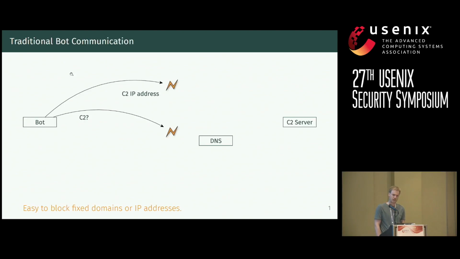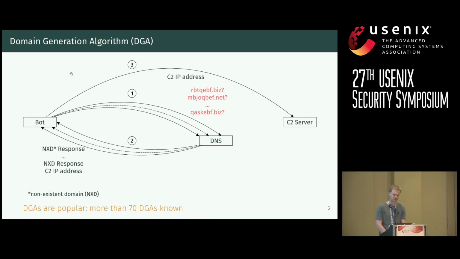That's the reason why modern botnets more and more often rely on domain generation algorithms, DGAs. A DGA is a pseudo-random algorithm generating rather large sets of domains, which are then subsequently queried by the bot to eventually contact the C2 server.